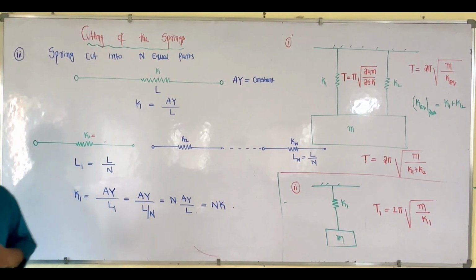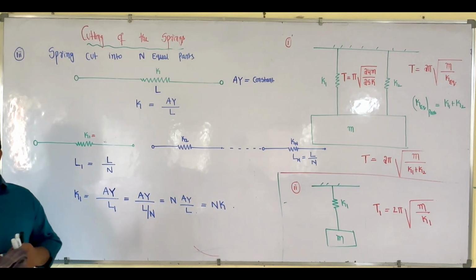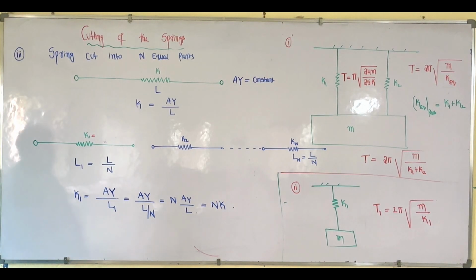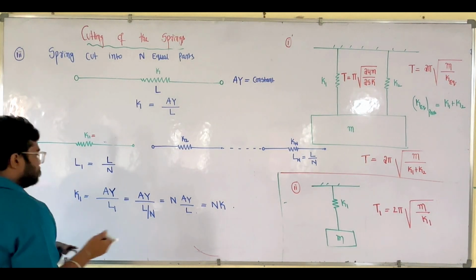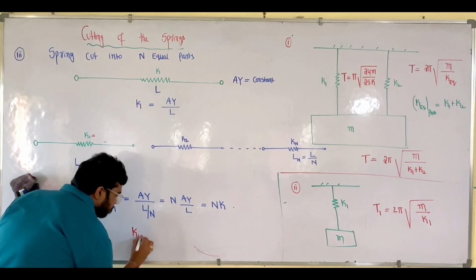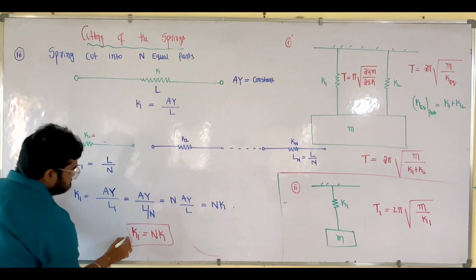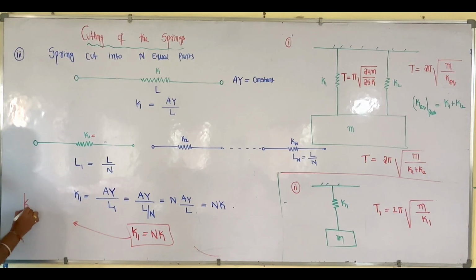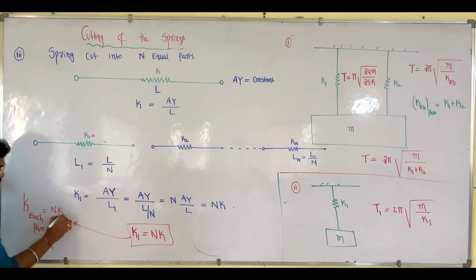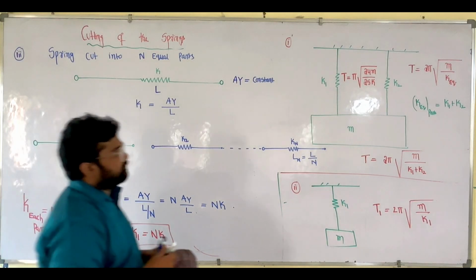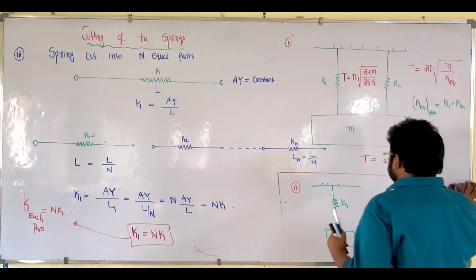2 equal parts, 2K. 3 equal parts, 3K. 4 equal parts, 4K. Like that. K1 equals nK. This is the stiffness of each part, equal to nK.